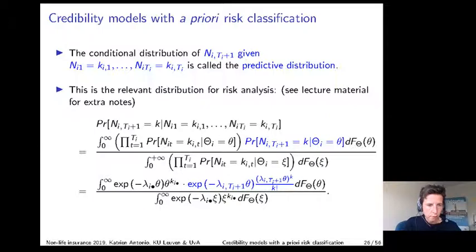Note the similarity with the terminology used by Bayesian statisticians. We derive an expression for this predictive distribution. This derivation is fully documented in the extra notes available in your course material, and at this point you should verify this derivation.